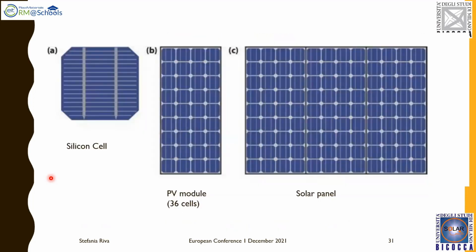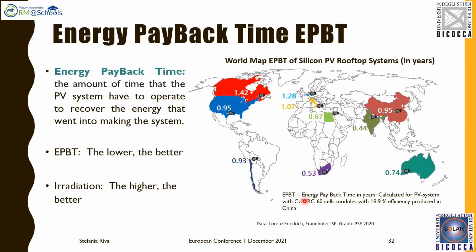Just to be clearer, a silicon cell is 10 centimeters by 10 centimeters. If we put together 36 cells, we form a module. And putting together different modules, there is the formation of a photovoltaic panel or solar panel.